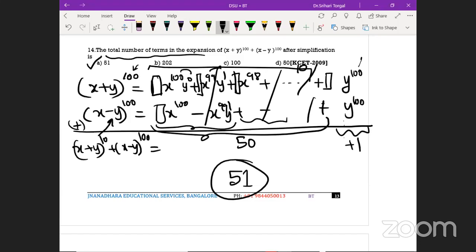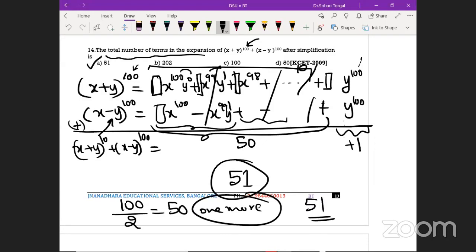Now I will tell you how to answer it very easily. Just do one thing, take that power 100, divide by 2, that is 50, and make it 1 more than that. 51. When you are adding these two, let me tell you for other cases also, because you have to be very careful when the power is even and odd.